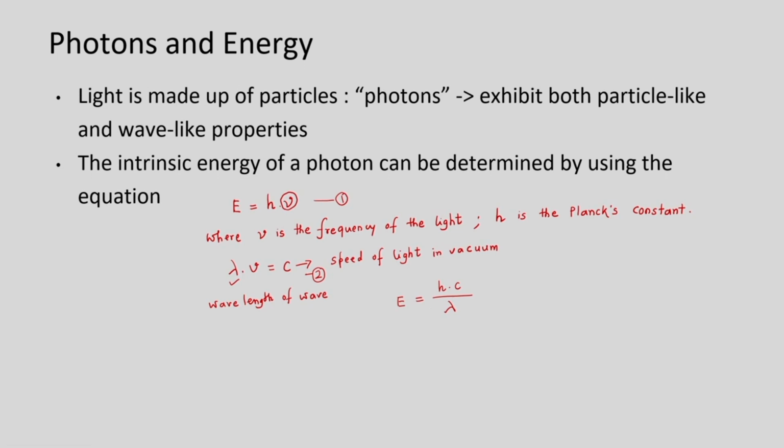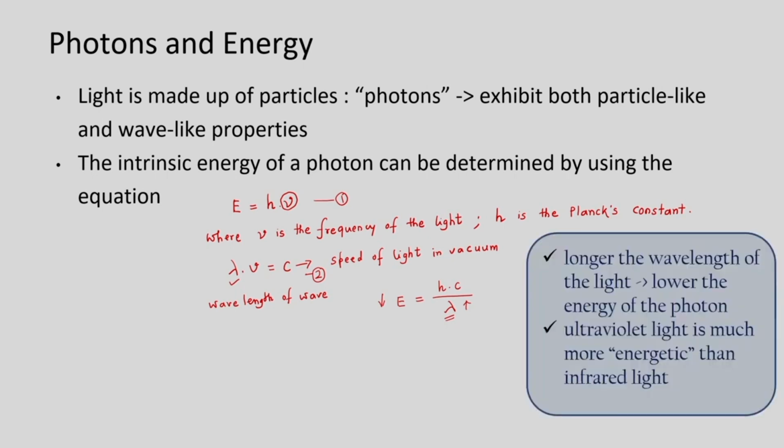If you look at this equation, you will find that if we increase the wavelength, then the energy is getting reduced. Meaning, the higher wavelength light beams will have lower energy photons.